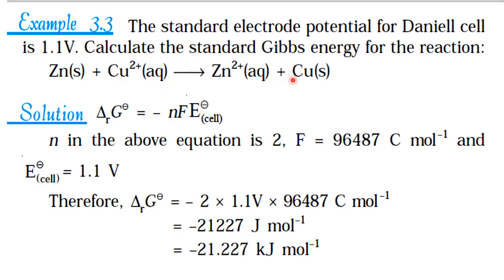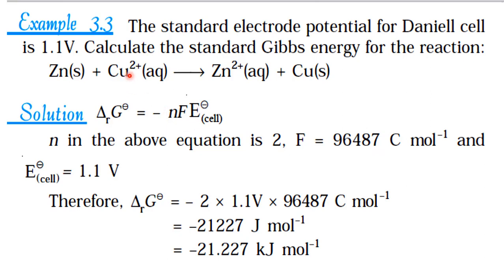The relation between delta G and E, as we discussed just before, is delta G equal to minus nFE naught. Here the E naught value is already given, 1.1. F is 1 Faraday, actually 96,487, and approximately 96,500 we can take. Here n is the number of electrons exchanged in the balanced equation.